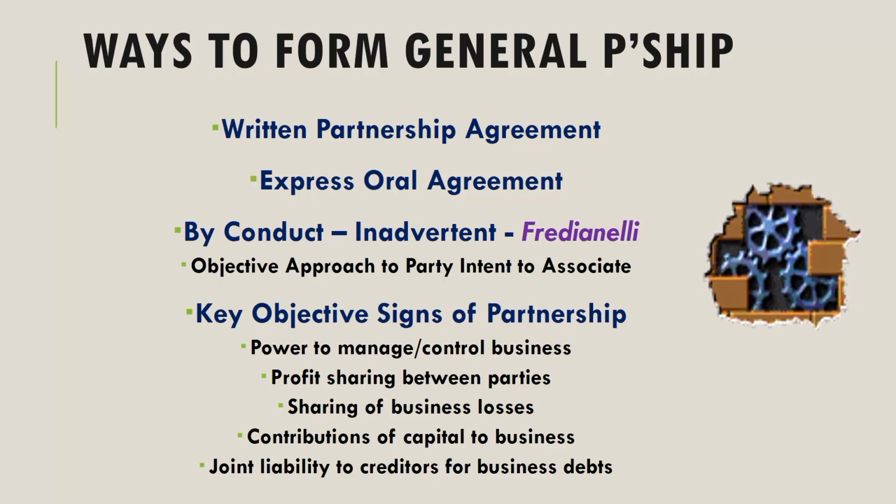There's no showing he put any money into the business. And then joint liability to creditors for business debts. Well, he didn't have any responsibility for the debts of the entity. So the court said he didn't objectively really become a general partner in this band. And again, the main thing is power to manage and control, and profit sharing between the parties.